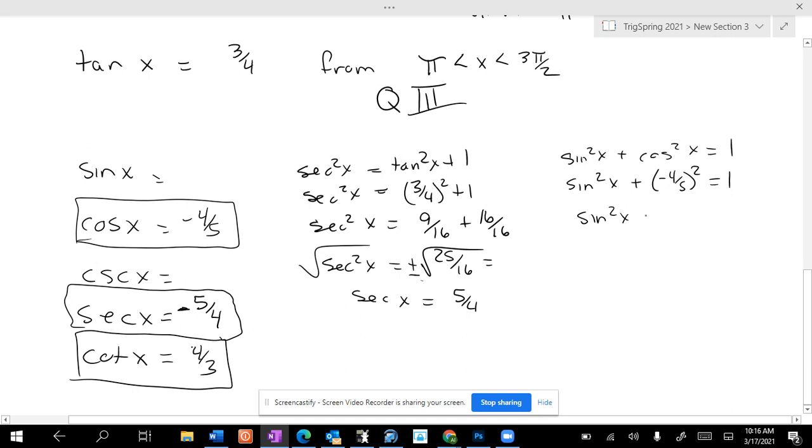Sine squared of x plus 16/25 equals 1, or 25/25. If we subtract 16/25 from each side, I get 9/25. So sine of x must equal 3/5, and it's negative. So cosecant would be negative 5/3.